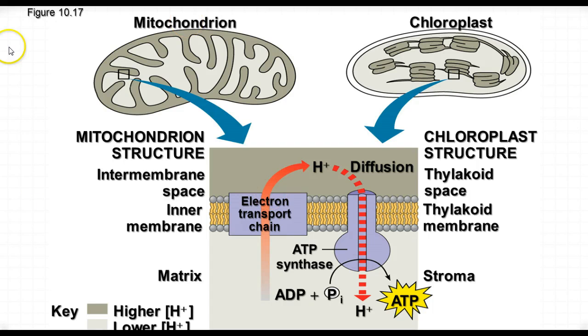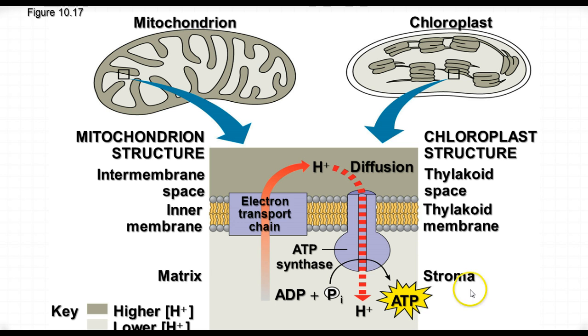So here in the mitochondrion, we'll see that we've got a higher acidity or lower pH in the intermembrane space, and in the chloroplast we see that in the thylakoid space, because that's where the protons are collecting. And then the lower hydrogen ion concentration, or the more basic or higher pH, is going to be found in the stroma or in the matrix of the mitochondrion.